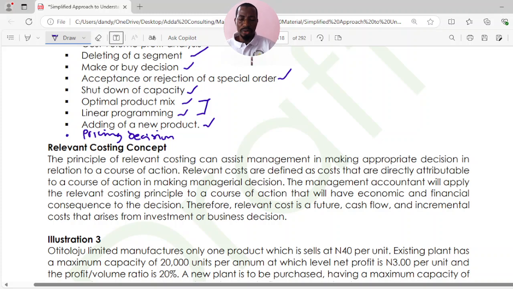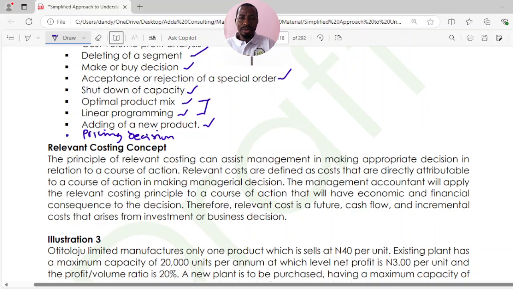So for this purpose, relevant costs are costs that are directly attributable to a course of action in making managerial decision. So the management accountant will need to apply the relevant costing principle to the course of action that will have economic and financial consequence on the decision that is to be made.